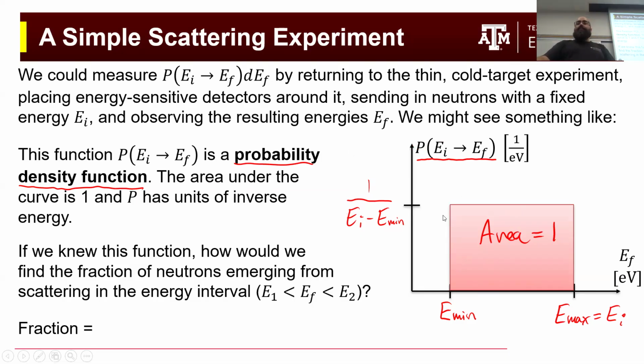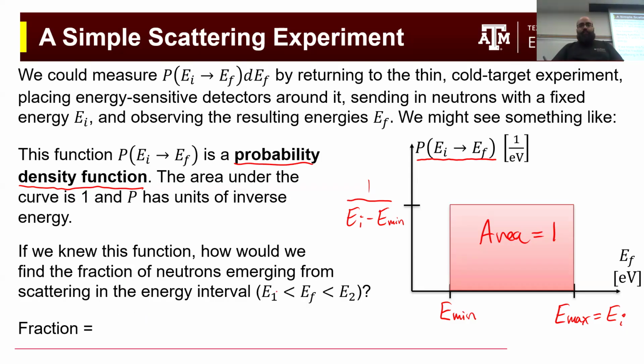If I actually knew what this function was, I could use it to set up an equation that tells me the fraction of neutrons that come out of the scattering reaction with some range of energies, say from energy E1 to E2. I would integrate my PDF over that energy range.